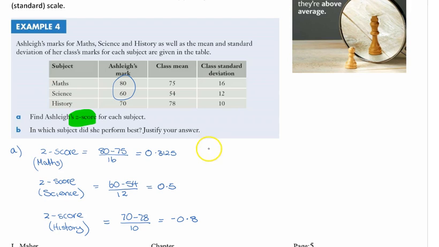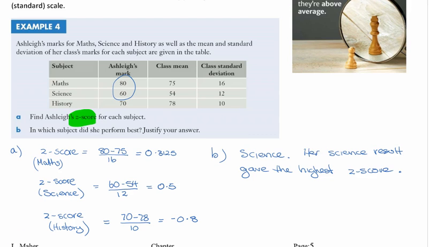Part B asks, in which subject did she perform best? She performed best in science. And justify your answer. Her science result had the highest Z-score. And so you're writing a sentence answer to that question.